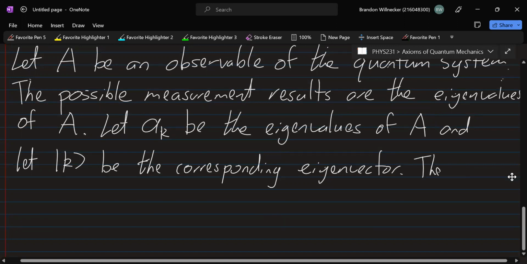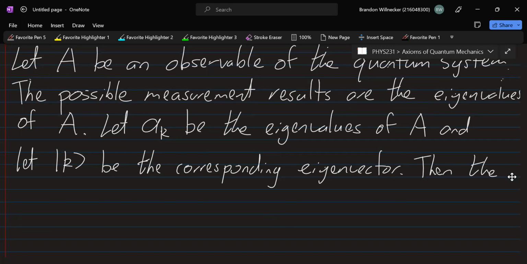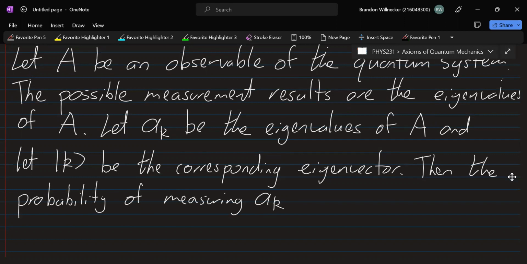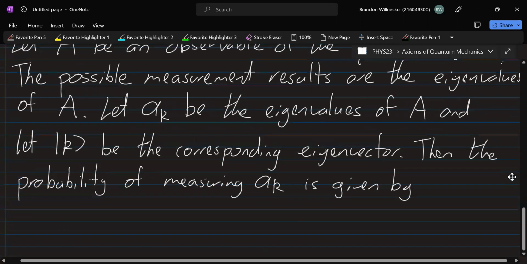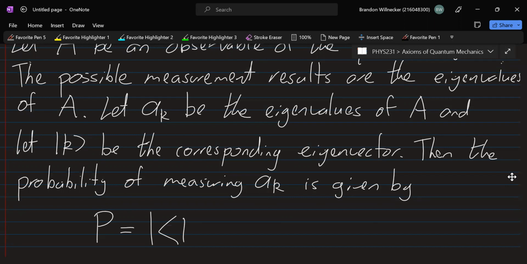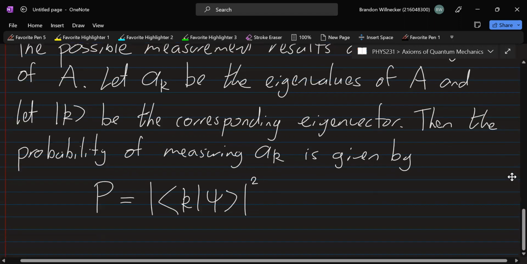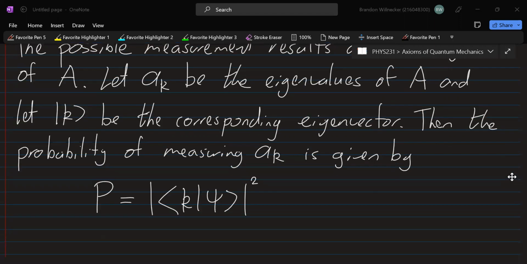Then the probability of measuring A_k is given by P equal to the absolute value squared of this inner product of ψ with k, where ψ is the initial state of the system, and |k⟩ is the eigenvector corresponding to that particular measurement result.